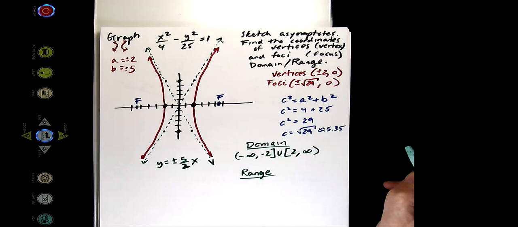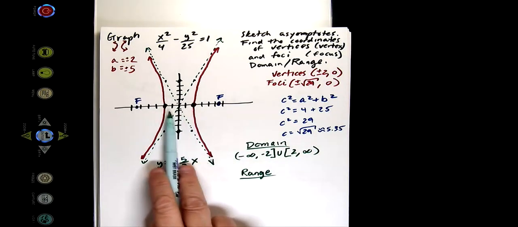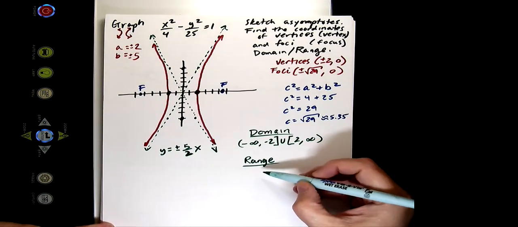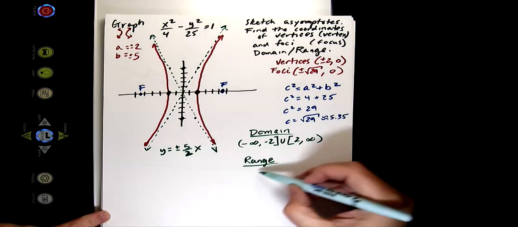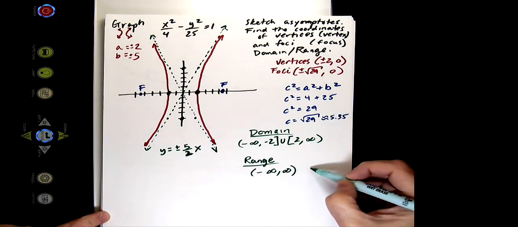Yep, that is the domain. We go left to right, there's nothing between negative 2 and 2, but we have everywhere else. The range is, of course, negative infinity to infinity, or all real numbers.